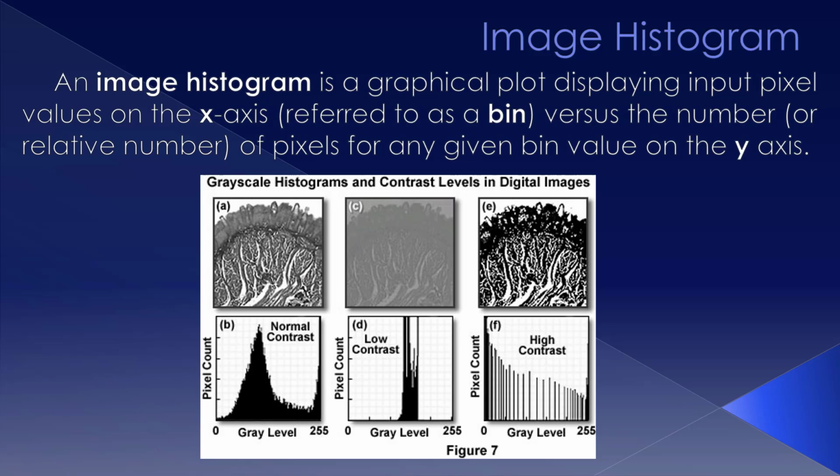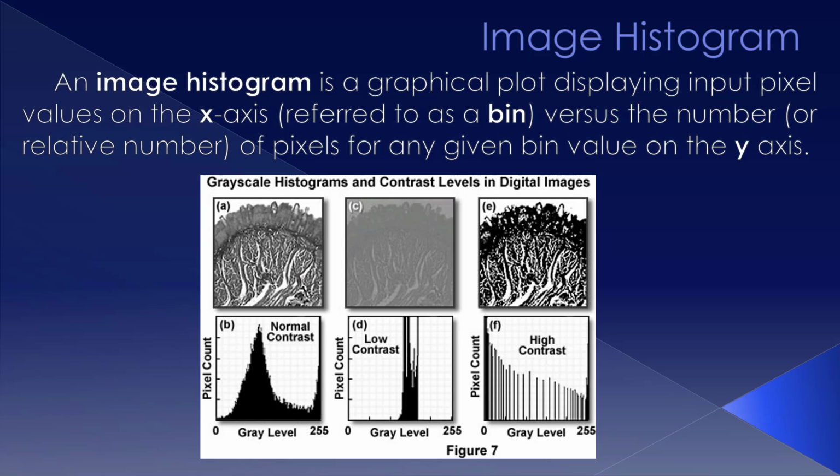So to review, an image histogram is a graphical plot displaying input pixel values on the x-axis, and in GIS this is referred to sometimes as a bin, versus the number or relative number of pixels for any given bin value on the y-axis.